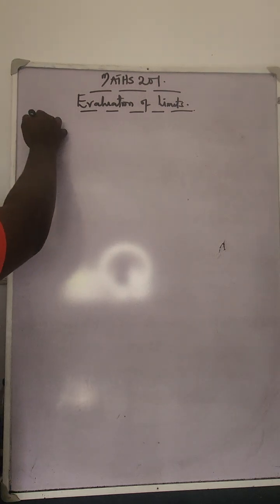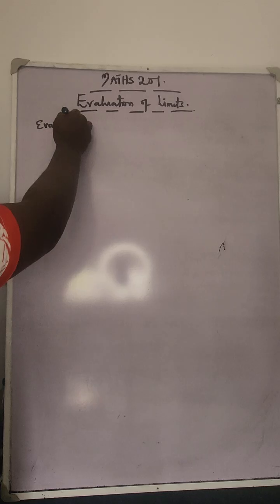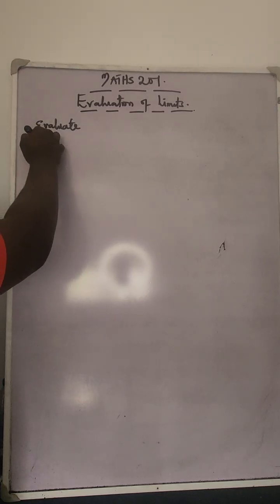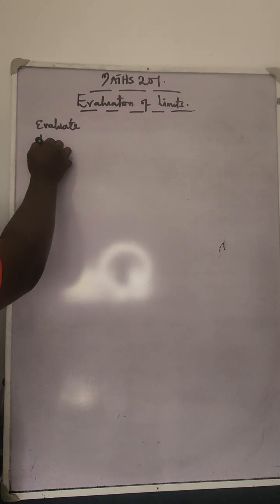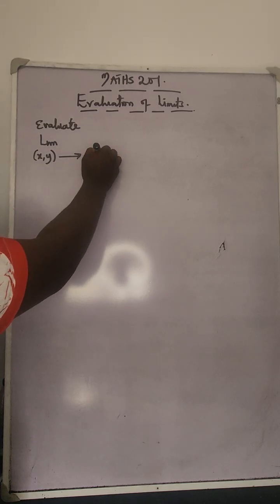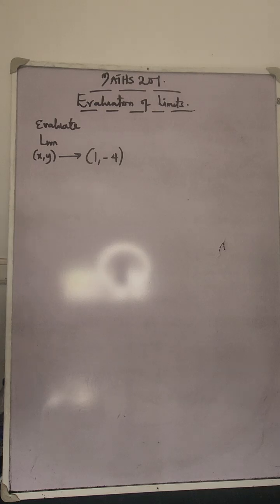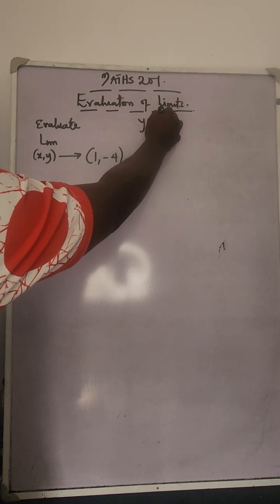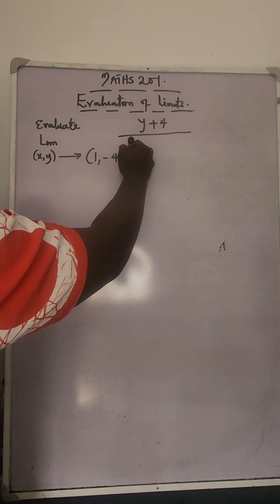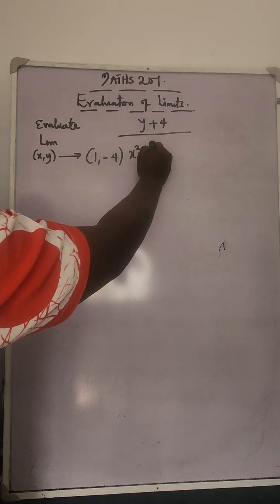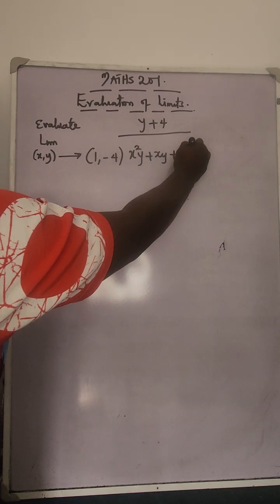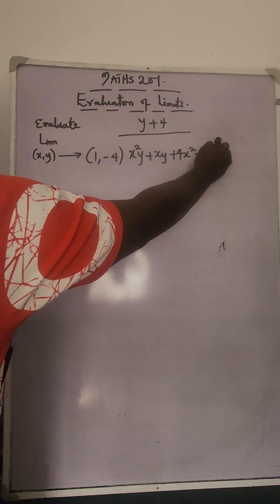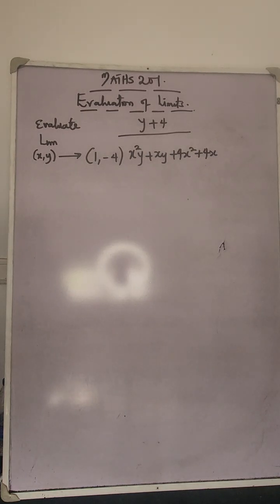We're asked to evaluate the limit as (x, y) approaches (1, -4) of (y + 4) over (x squared y + xy + 4x squared + 4x). Did you see that? So how do we approach this question?